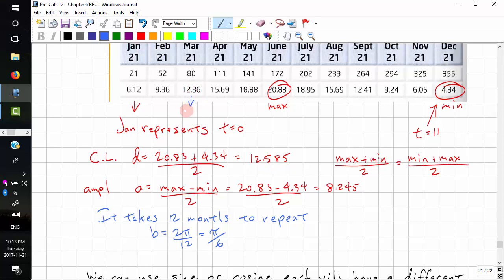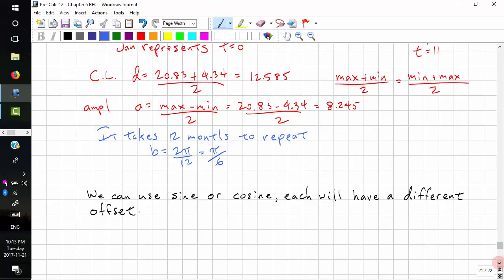So for this one, t equals 2. So our function is y equals 8.245 sine pi over 6 (t minus 2) plus the center line 12.585.